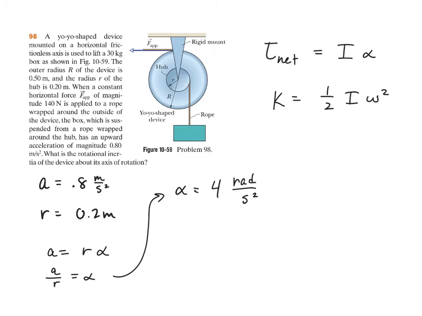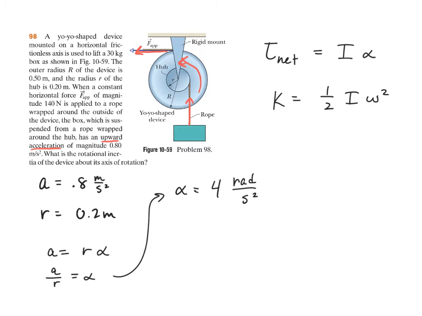Think about the bottom mass going up, right? So this bottom mass has an upward acceleration. So if that bottom mass is moving up, then this entire system is moving that way. So we're going to see a counterclockwise rotation.